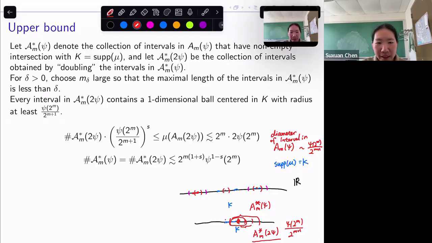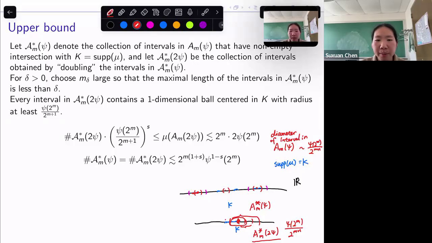And yeah, so we have the cardinality of A_m^{2ψ} multiplied by the measure of one-dimensional balls, which is this. It should be less than the measure of A_m^{2ψ}. And for this A_m^{2ψ}, we have effective equidistribution. It's less than 2 times m times 2 times ψ 2 to the m.